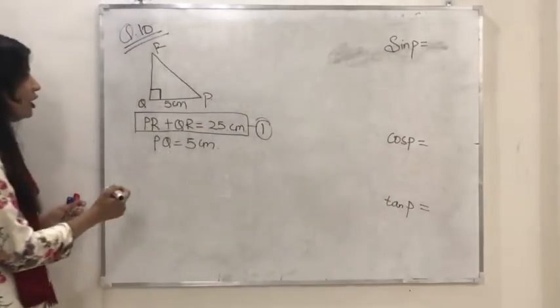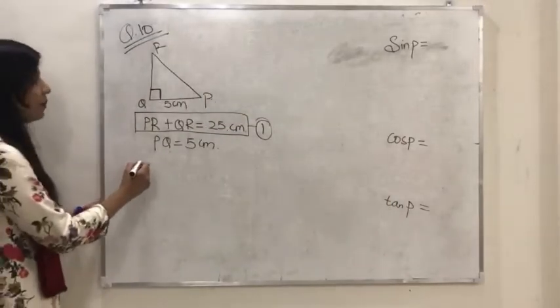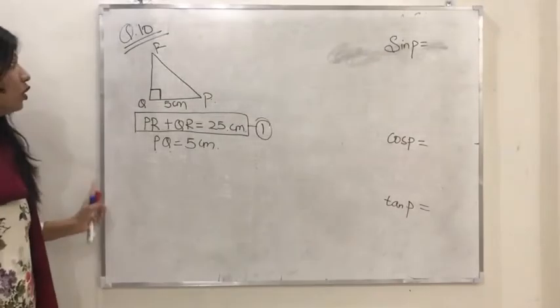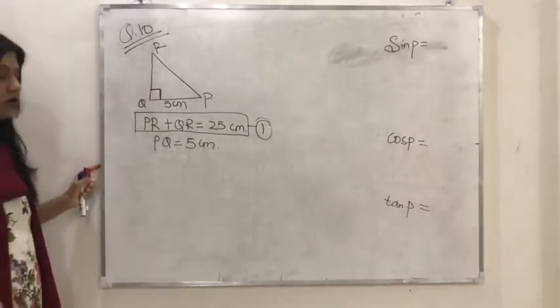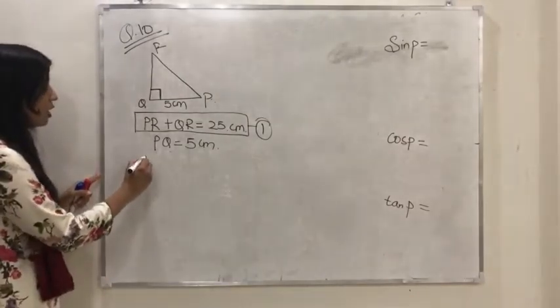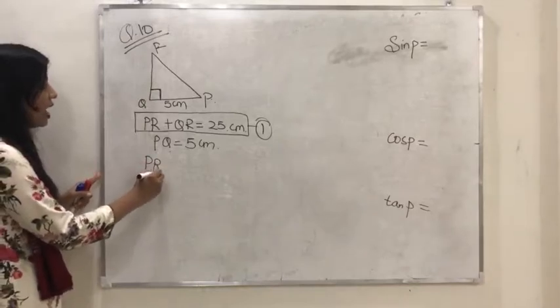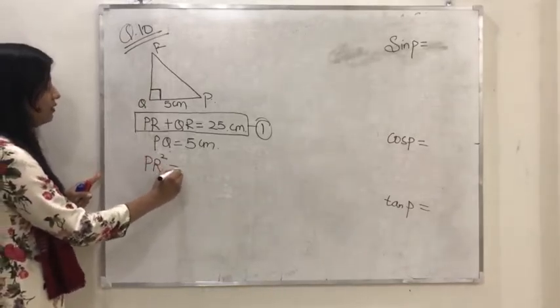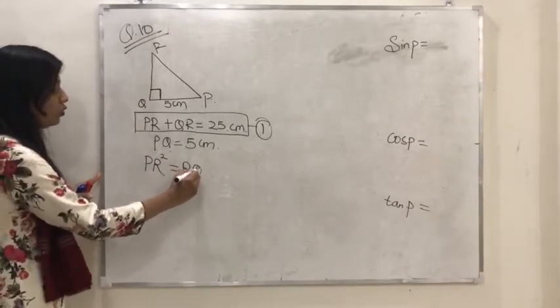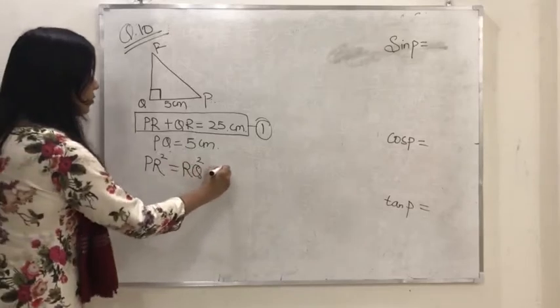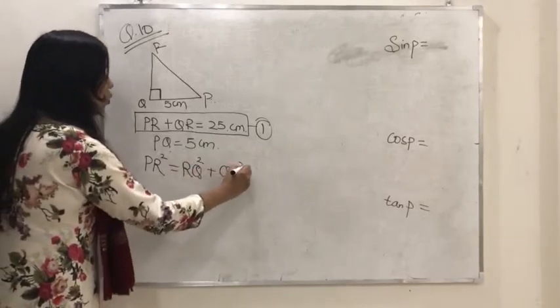So how I will do this? First I will apply Pythagoras theorem on the given triangle. According to Pythagoras theorem, PR square is equal to RQ square plus QP square.